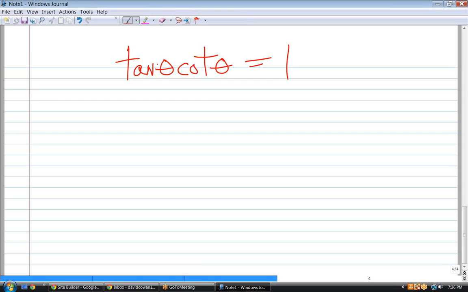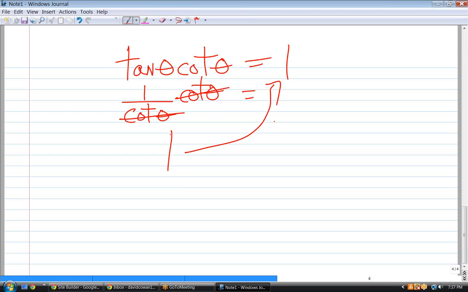What's the reciprocal identity for tangent? 1 over cotangent. Times cotangent. Cotangent over cotangent is 1. We've made 1 look like 1. We've verified.